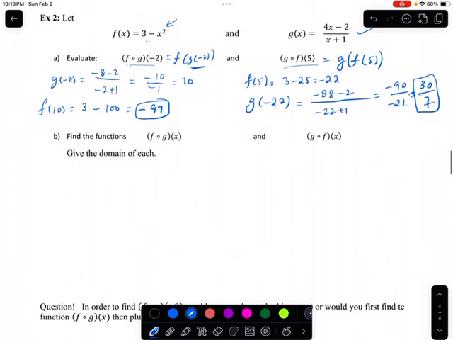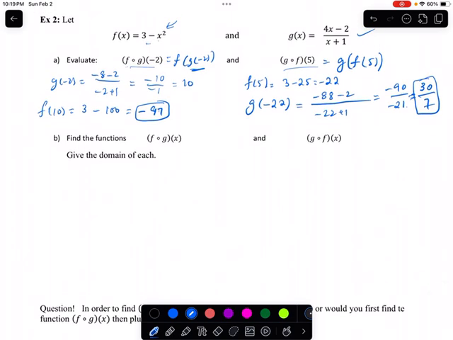Now we have to actually find the function and then their domain. So when we say f composed with g of x, like we just did with the numbers, we can write it as f of g of x, which is equal to... what we do now: in the function, wherever there is x, it is replaced by the function g of x.